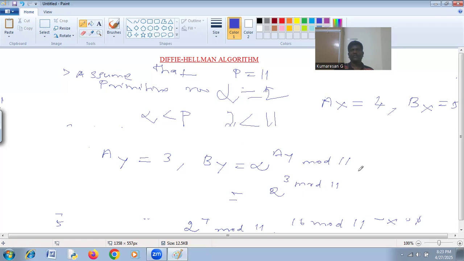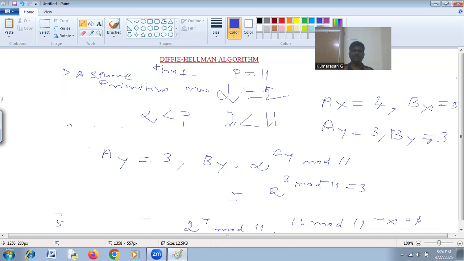So the receiver side private key is 3, and the receiver side public key is 8.